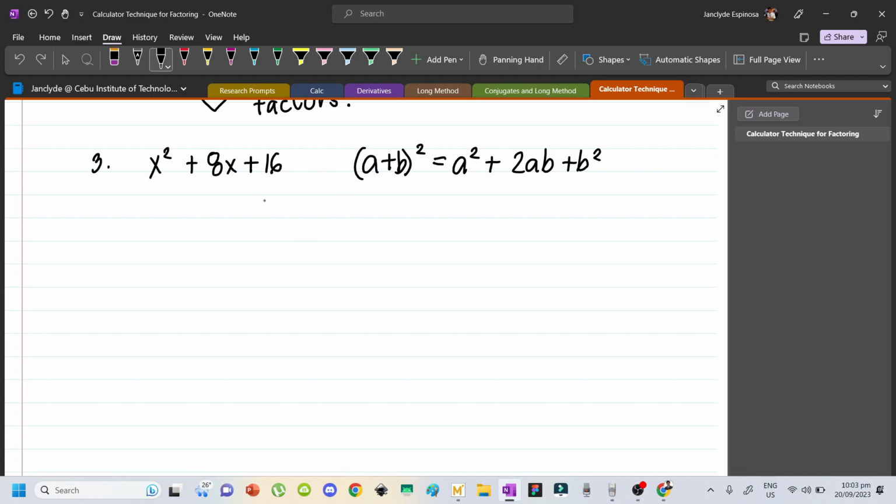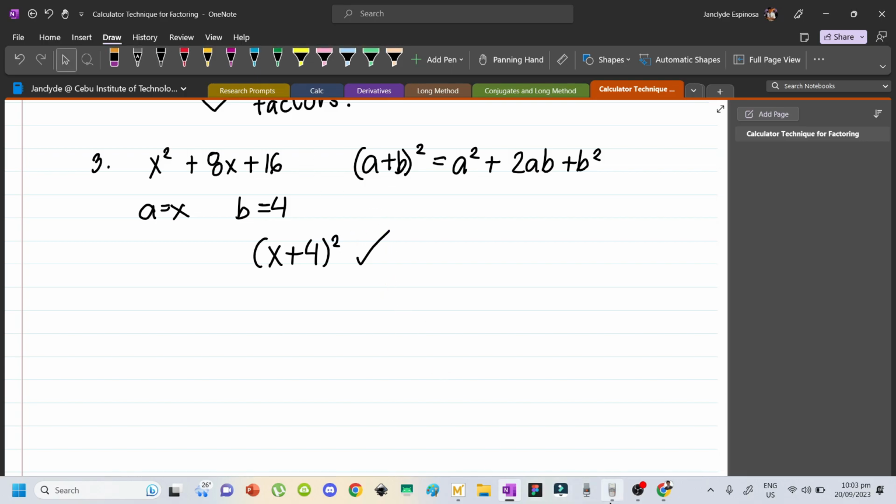And so our factors here would be your a is the square root of x squared, which is x. And your b is the square root of 16, which is 4. So you can rewrite the equation as this one.